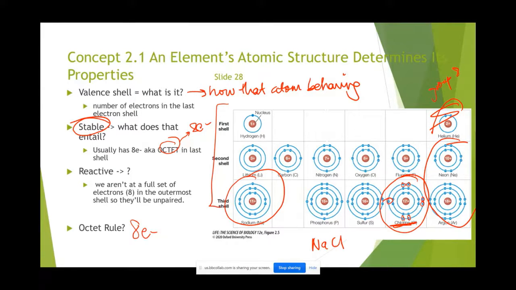In this case here, if I have 1, 2, 3, 4, 5, 6, 7, that's chlorine. I have Na, which has only one valence electron, right? So the problem here is that this chlorine basically wants that electron.